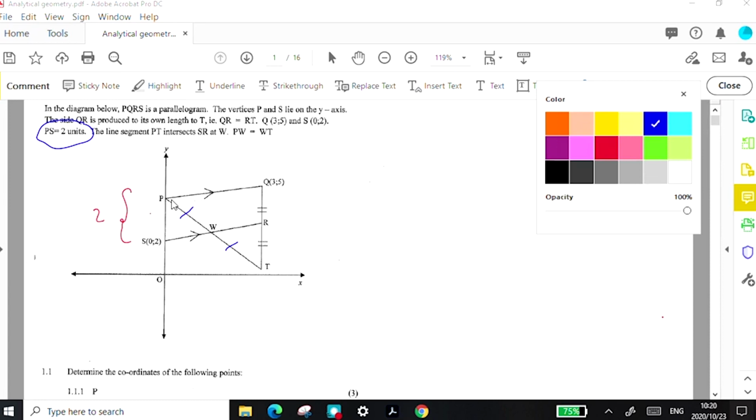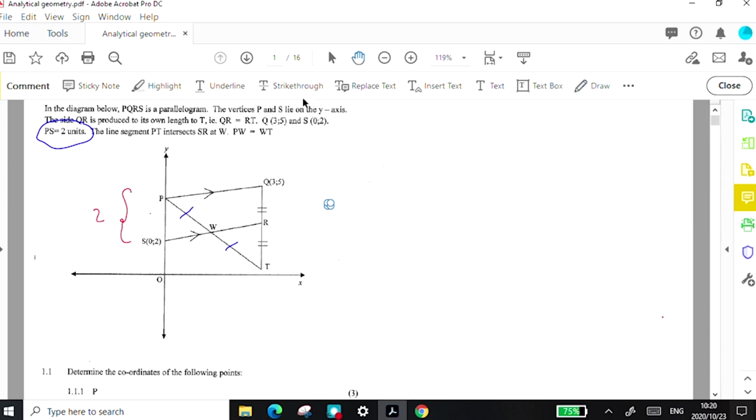That will give us the coordinates of P. We add the distance from 0 to 2, which is 2 units, and the length of PS, which is 2 units, to get 4. So P is the point when x is 0 and y will be equal to 2 plus 2, which is 4.